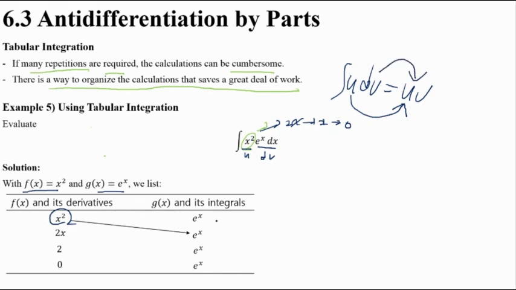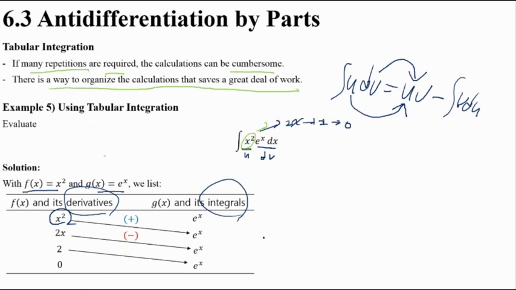So the integral of e^x. That's why here's the derivative part, this is the integral part, okay? And this one we make positive, right? The second one, we subtract, right? So v du, anyway, subtract and take turns this way.